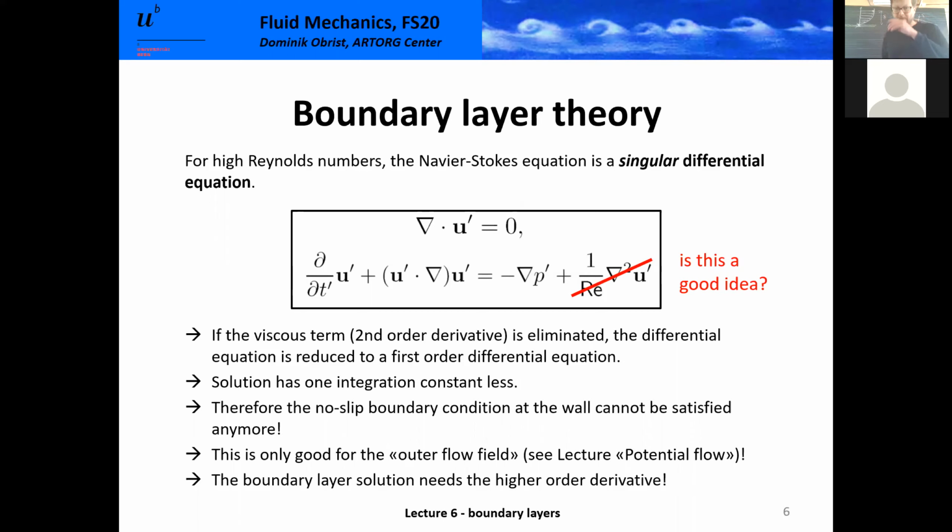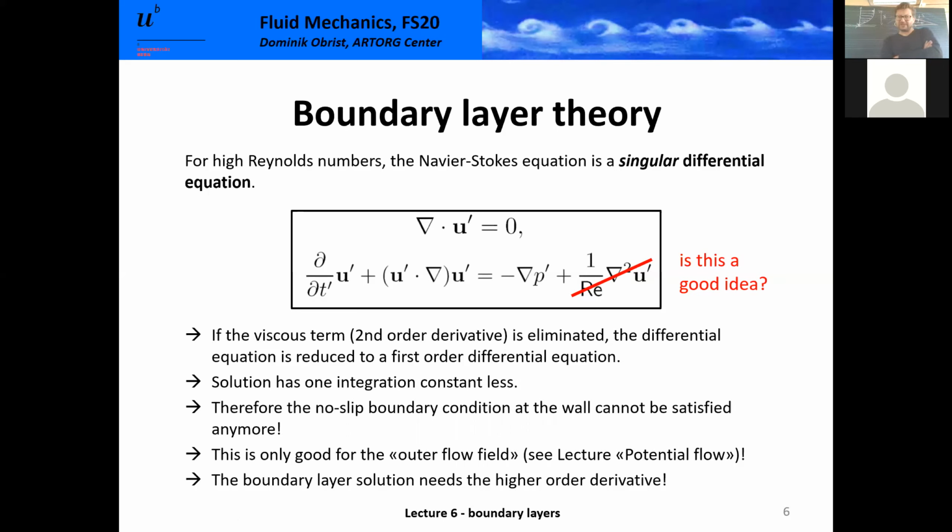So those people who cut off this term, these were the people who came up with the blue streamlines, the inviscid solution, the solution neglecting viscosity. So why is this not necessarily a good idea? It's not a completely bad idea, but it doesn't hold the whole story. Let's just see what is written down here.